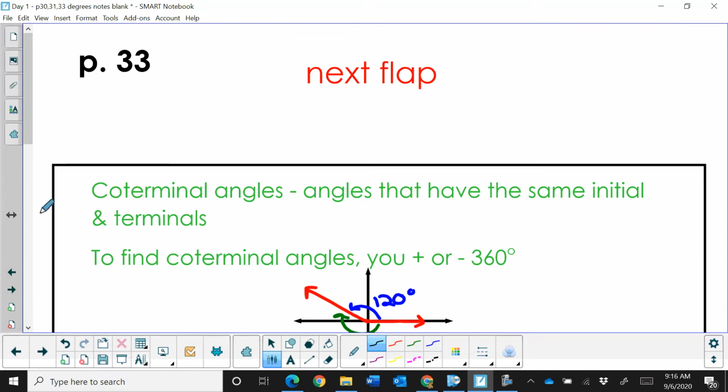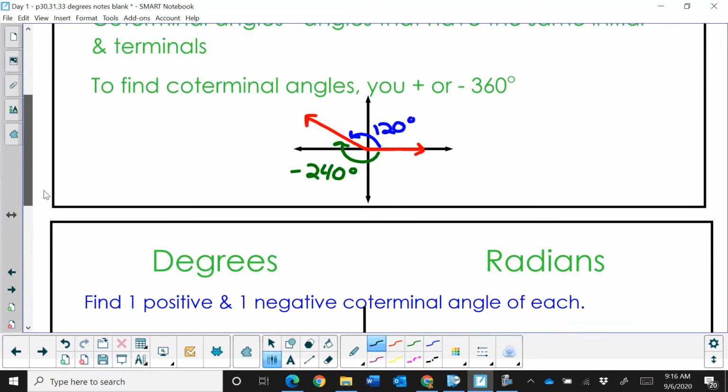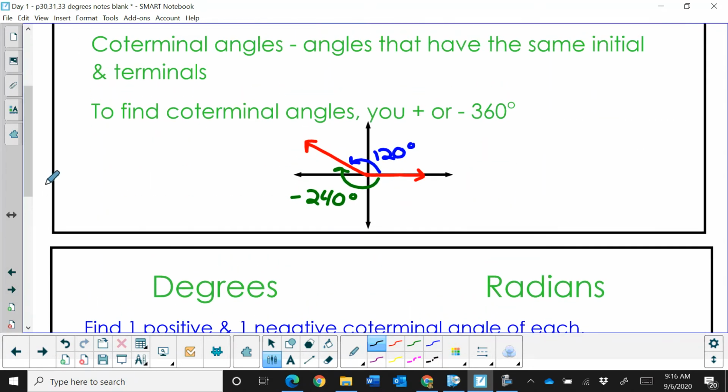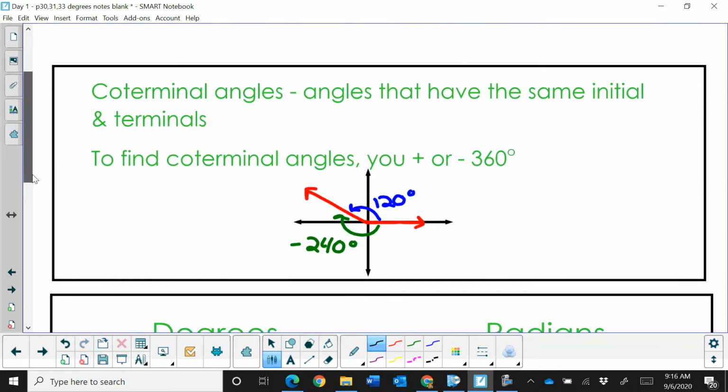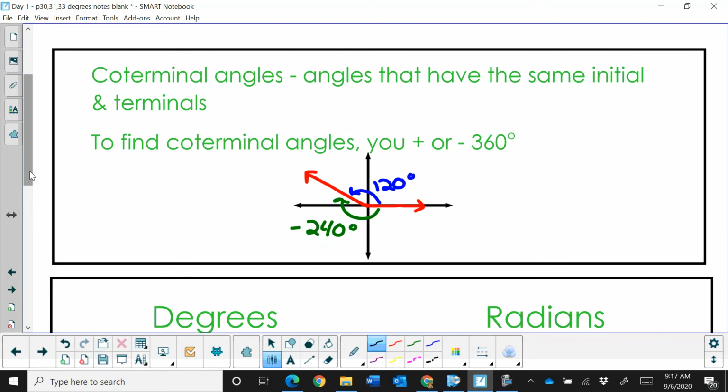Okay, so now let's look at the second topic that goes on page 33. And typically we have a graph foldable that goes in here, but it's a little confusing, so we're just going to skip that and put our terms in. Okay, this one is a coterminal angle.